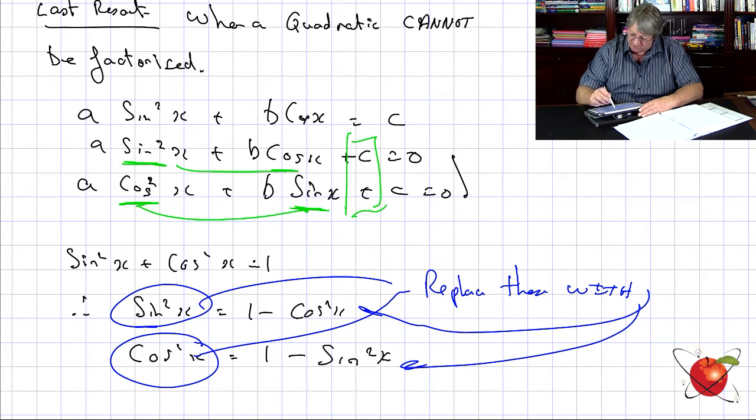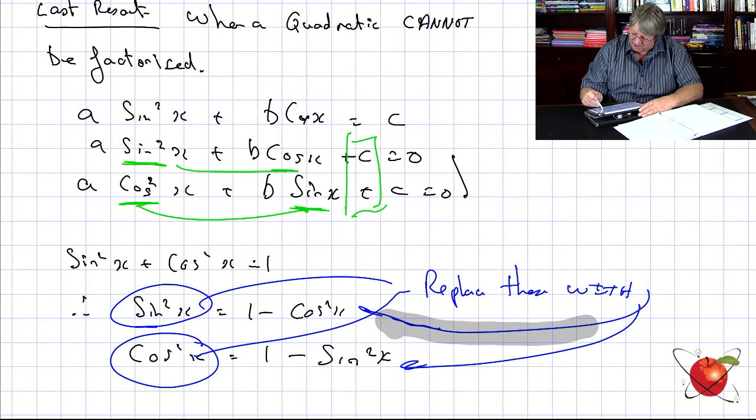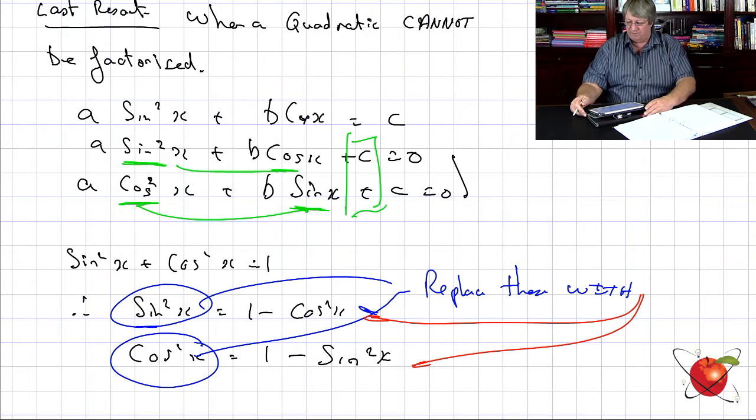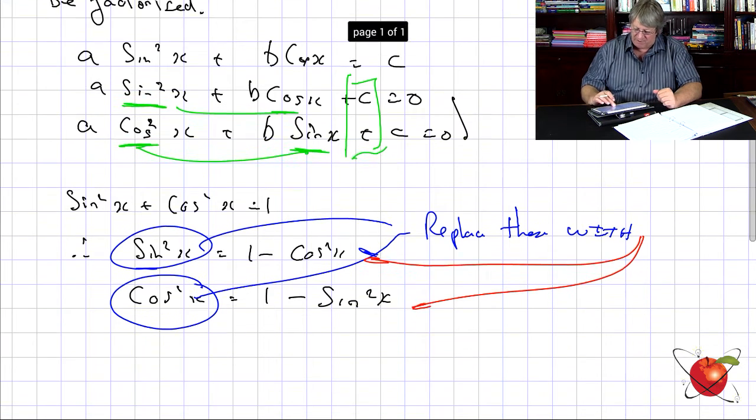I'm actually going to take that arrow and make it a different color. Replace them with those, couldn't we? So you can see, let's just have a look what's going to happen.